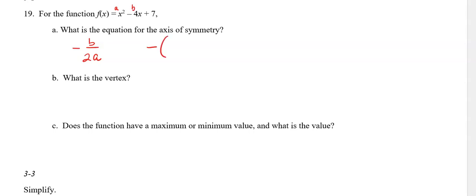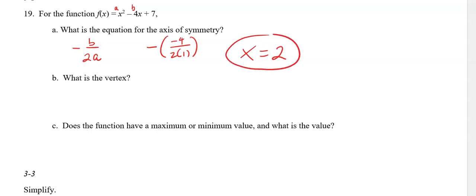So it's the opposite of b, which is negative 4, over 2 times a. So in the parentheses, negative 4 divided by 2 is negative 2. But the formula says write down the opposite of that. That'd be positive 2. So the equation for the axis of symmetry will be x equals, always going to be x equals something. In this case, it's 2.